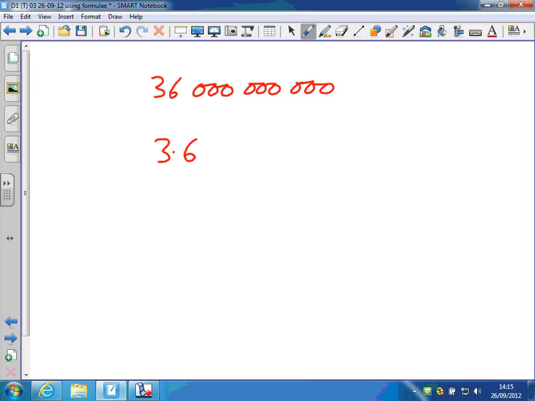And then I say, what have I got to do to get the decimal point from there back to where it should be? Times by 10, 1, 2, 3, 4, 5, 6, 7, 8, 9, 10 times. So I'm going to multiply by 10 times. And that will be written as standard form, 3.6 times 10 to the 10.